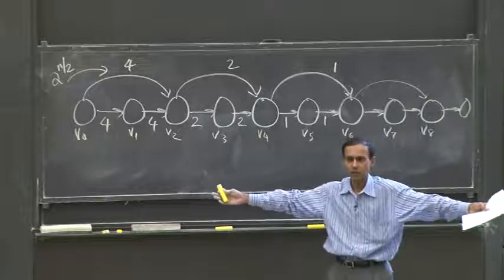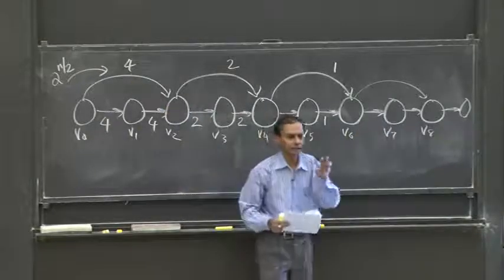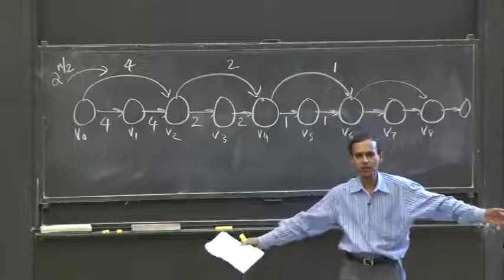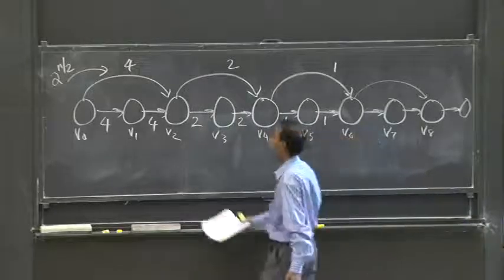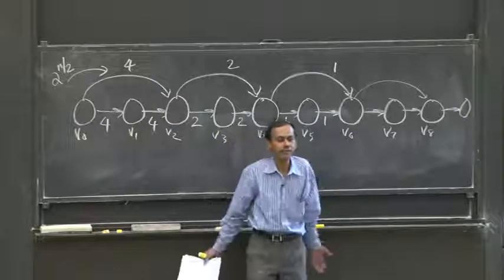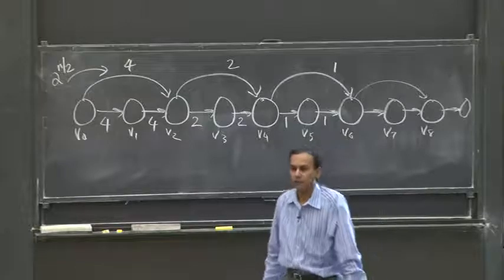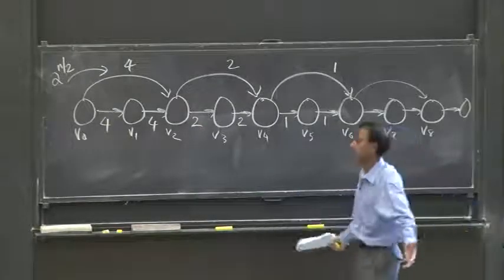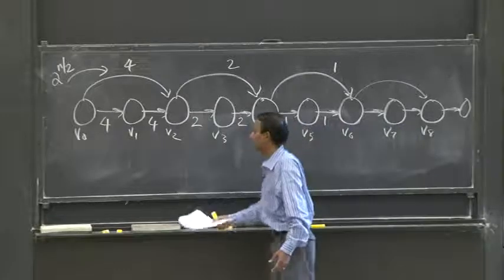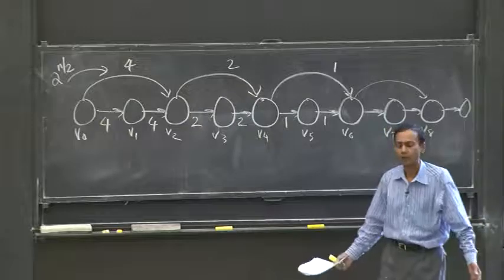Everybody buy that? Think of this graph as being a fragment of a large graph, where n could be 100 and the weights could be 2 raised to 50. And 2 raised to 50 isn't a number that we can't handle on a computer. It's still less than 64 bits, so it's a perfectly reasonable example. And we talked about multiple precision arithmetic, infinite precision arithmetic, so we can handle arbitrary numbers with arbitrary precision.